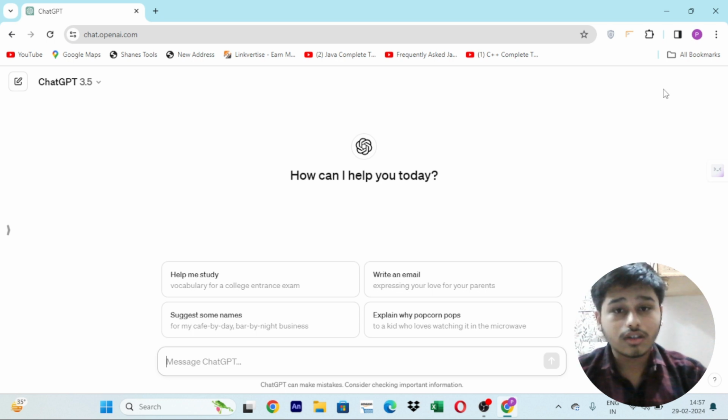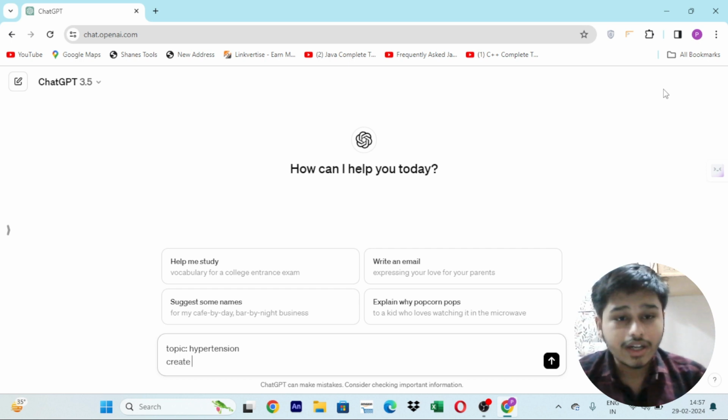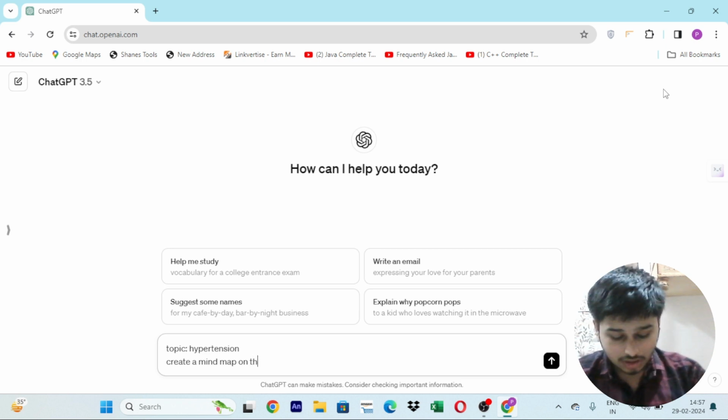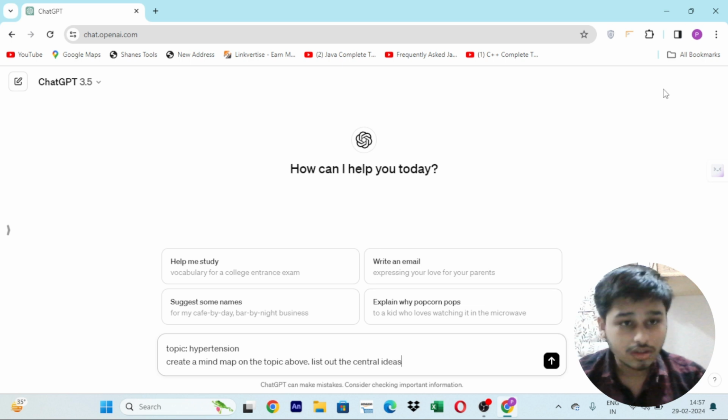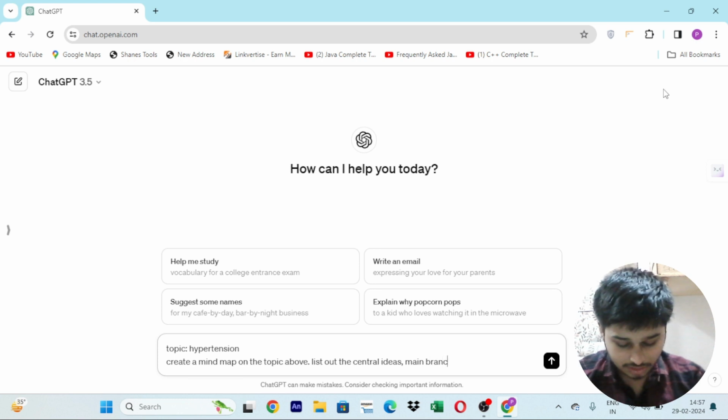So let's write a topic: hypertension. Okay, then click shift next and we'll write: create a mind map on the topic above, list out the central ideas, main branches and subtrees.